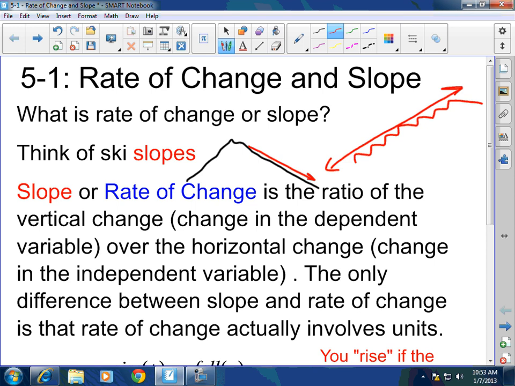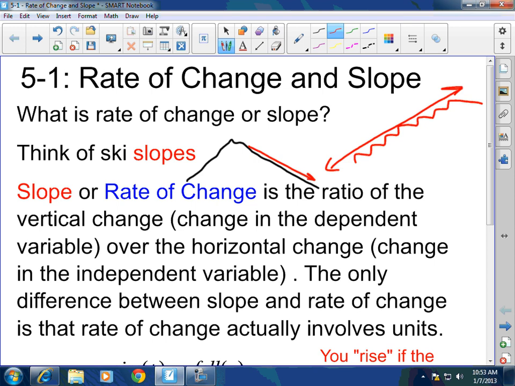Dependent is Y. Very good. So it's the ratio of the vertical change over the horizontal change, which is the change in the independent variable X. So slope, or rate of change, is the change in the Y values divided by the change in the X values. The change in Y divided by the change in X.